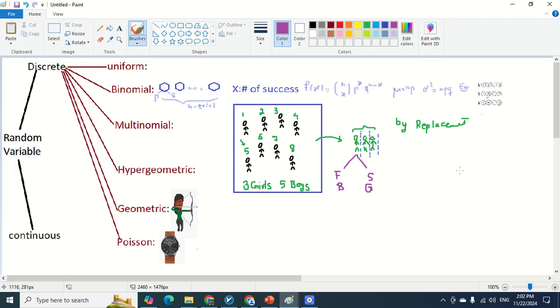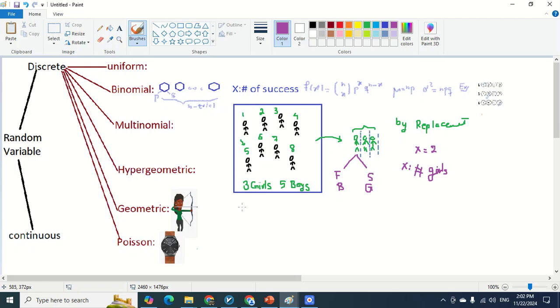So right now the question is as follows: out of these 3 draws by replacement, what is the probability that exactly 2 students will be girls, will be female? In this case we can denote X as the number of girls, the number of successes over here, out of this class from which we select 3 students.